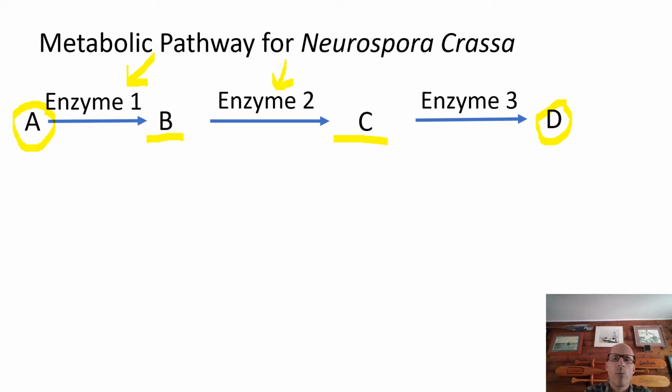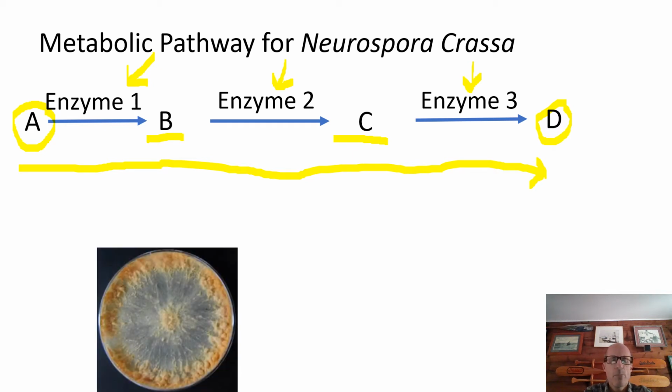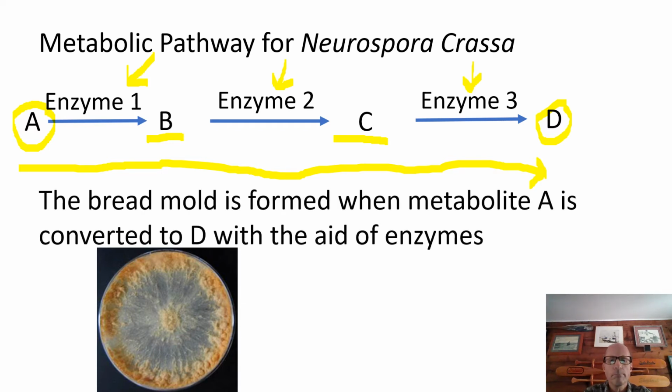And I'm not really worried about what we call those metabolites or even what we call the enzymes. The bottom line is they studied this pathway, which involved 3 steps, A going to D through B and C. There's a picture of the bread mold on a petri dish. Not that exciting to us, but certainly exciting to them. And of course, it's formed when A is converted to D with all those enzymes present.